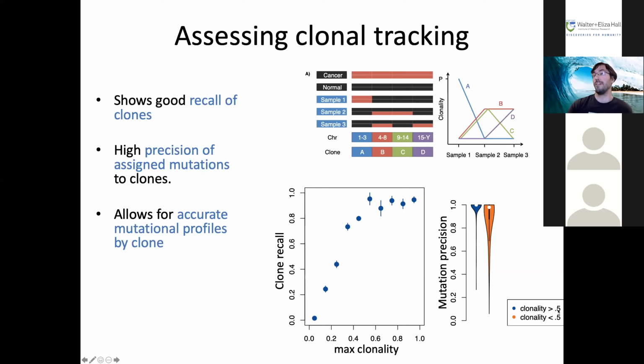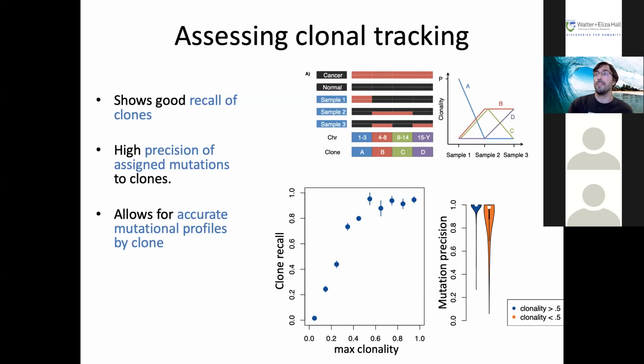And in particular, if we have a clonality above 50%, as we see here, almost all or sometimes all of the variants will be from the correct part of the genome. Especially this high precision of the mutation, we can really trust that the variants in a clone belong in that clone. It allows us to get the accurate mutational profiles, as I showed earlier.